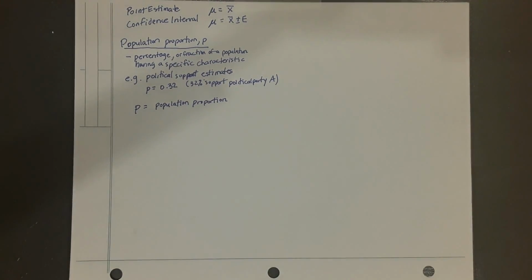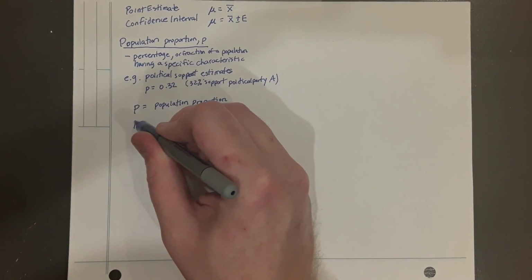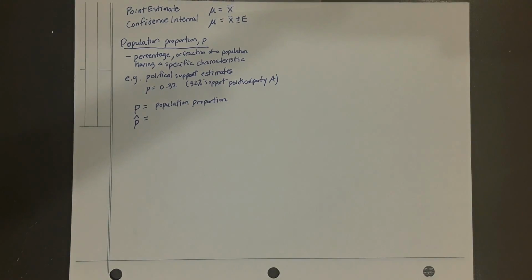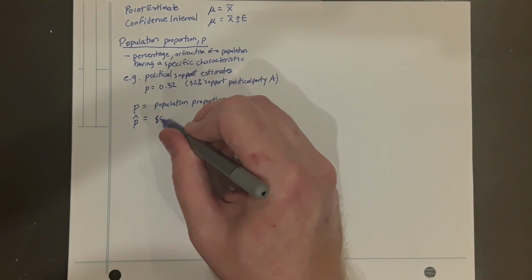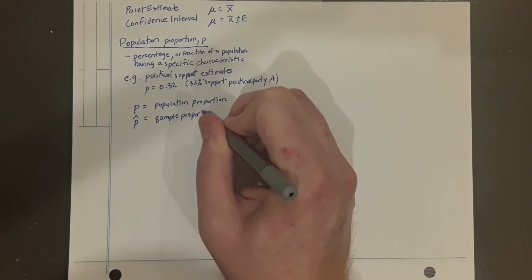In order to estimate this, we need some kind of sample estimate. The symbol for the sample estimate is P with a little hat over top, this caret symbol, and this is the sample proportion.